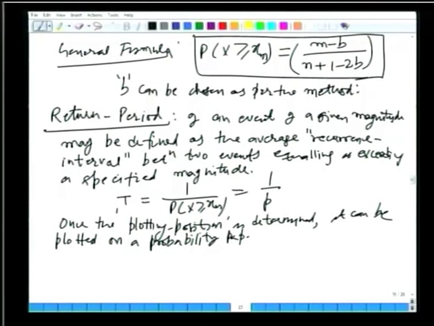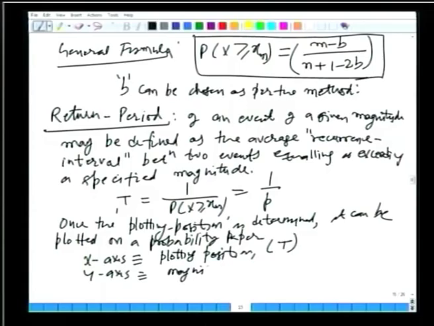Okay, where your x axis represents what? The plotting position or the probability, or the return period. It can be in terms of the return period, and y axis is what? Y axis actually represents your magnitude of the event.